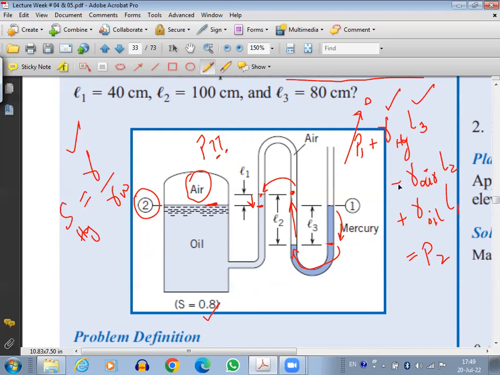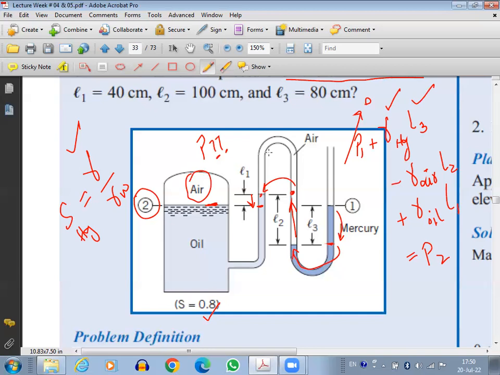Now there's one point to be noted: whatever the pressure here, the pressure will drop as I move up, but this is air, and the hydrostatic pressure variation with elevation is applicable for the case of liquids, but for the gas we ignore it because it is very small.